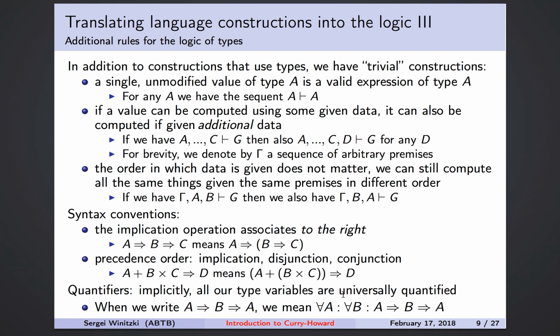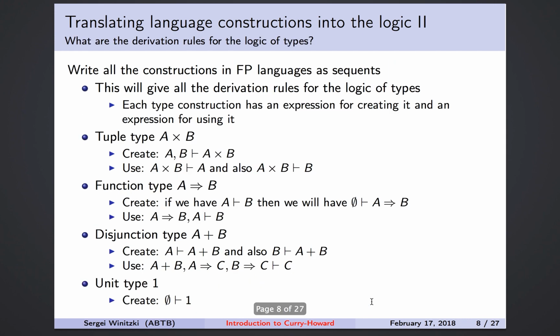So we will say all our variables implicitly, by convention here, are universally quantified. So when we write a formula like this, what we mean is actually that outside of the entire expression, there are universal quantifiers for each variable. So our statements are true for all A, B, C, and so on.